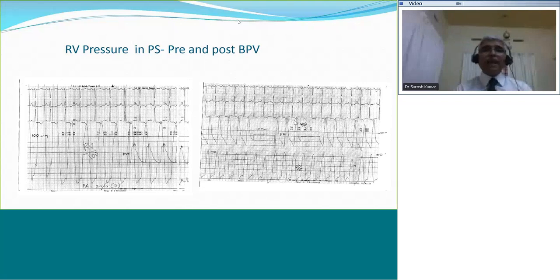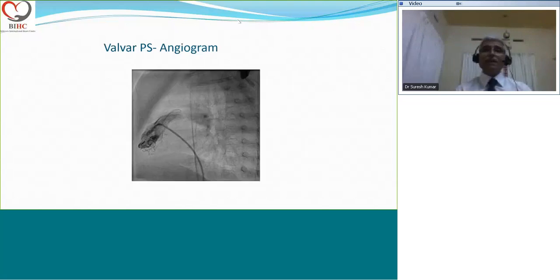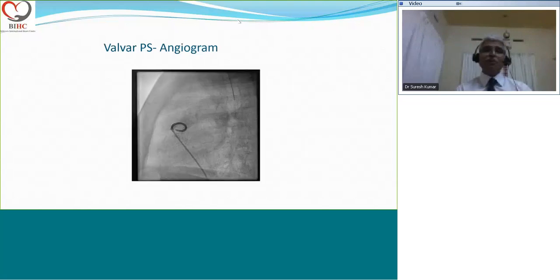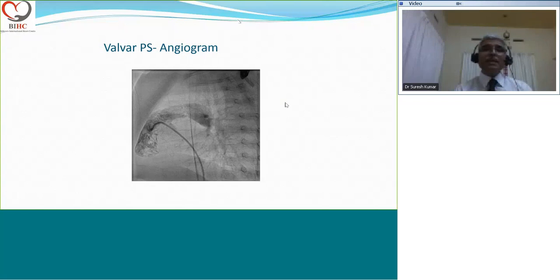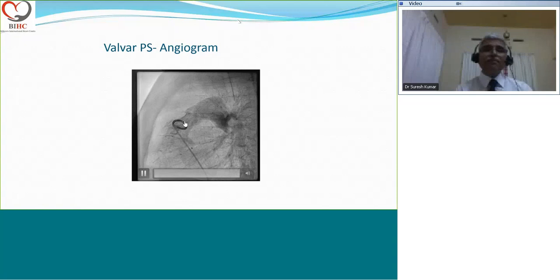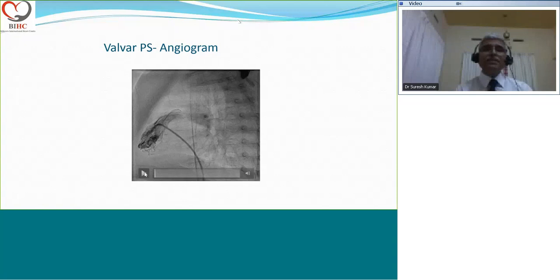And when you do an angiogram, this is actually an angiogram along with a pulmonary valvotomy. I will not be discussing pulmonary valvotomy today. That's the topic of next class. They look at the valve here. This is the doming pulmonary valve, and the pulmonary artery and the LPA are dilated.